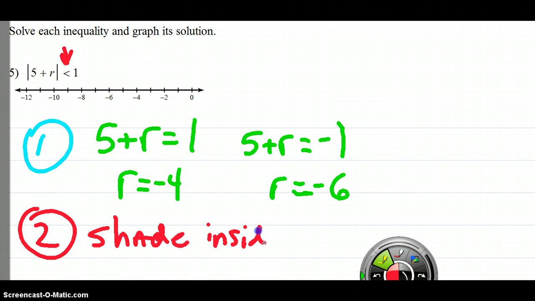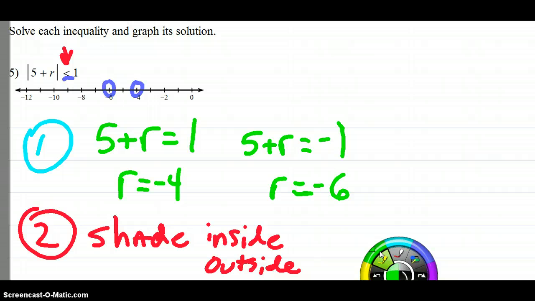We have to determine, do we shade inside these endpoints or outside? And basically there's some rules, but sometimes I forget about rules. So take a look at, if I plug in a -6, I get a 1. If I plug in a -4, I get a 1. So it can't be equal to, because it doesn't have an underline.